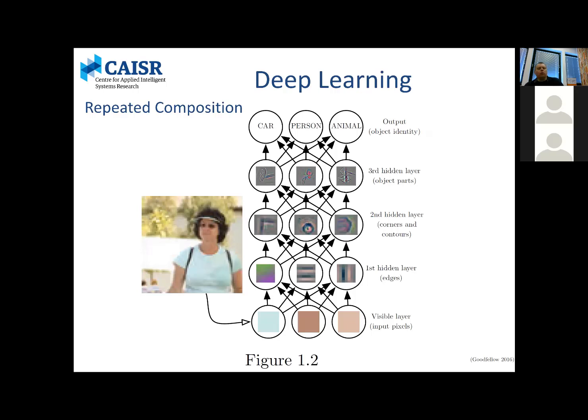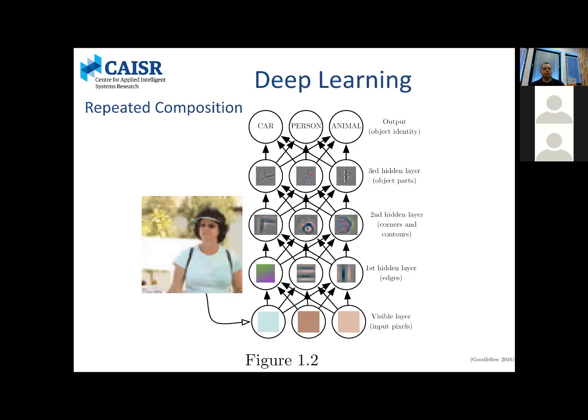The point here is that what the network is actually building is hierarchical representations. The same feature, let's say an edge, is useful for detecting many different contours and corners.